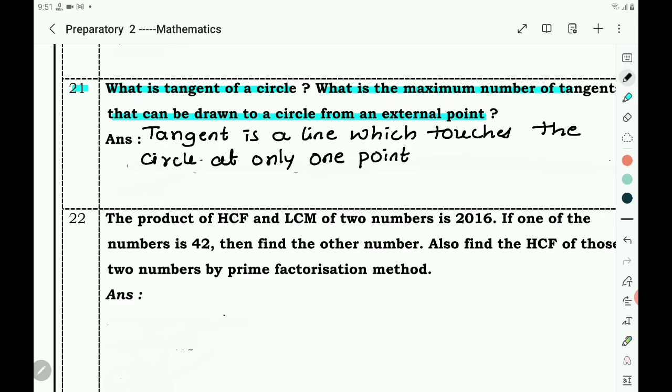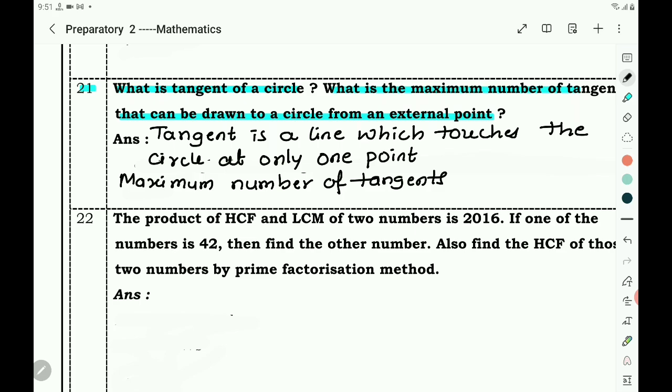How many tangents can be drawn to a circle from an external point? 2 tangents can be drawn. Here what is the maximum number of tangents? Right. Maximum number of tangents that can be drawn to a circle from an external point is 2.